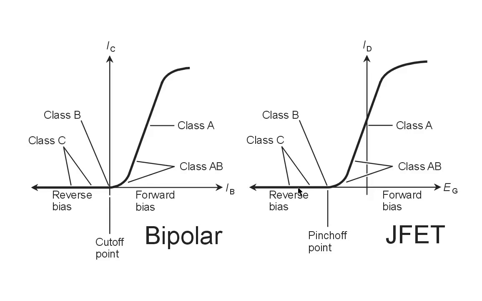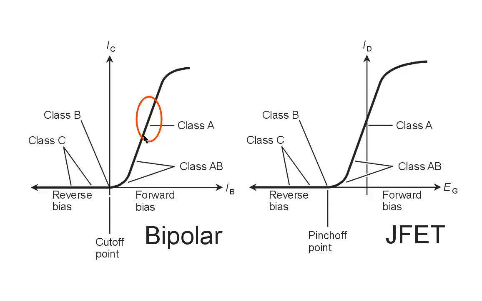Now remember, these curves are representative of the no signal condition. If we actually apply a signal to one of these devices, we're going to get fluctuation that goes up and down along this curve as the signal alternates, an AC input signal alternates.